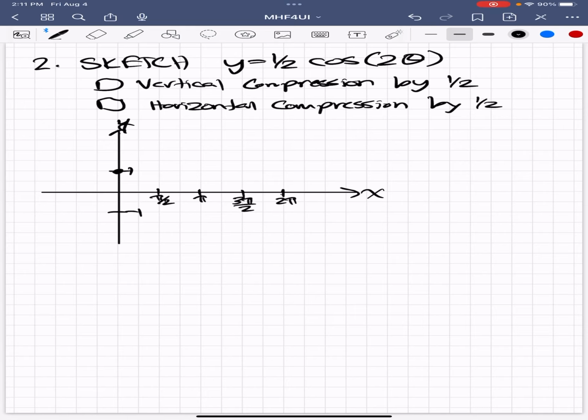So we're going to do a sine, cos function, sorry. Okay, so we're going to compress it by half.